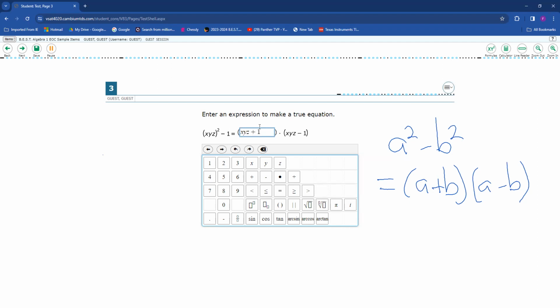In other words, this is something squared minus B squared, so minus 1 squared. If I just put a 2 here, maybe it would help see the connection between what I drew and what's on the question. Right? For the sake of time, let me move on.